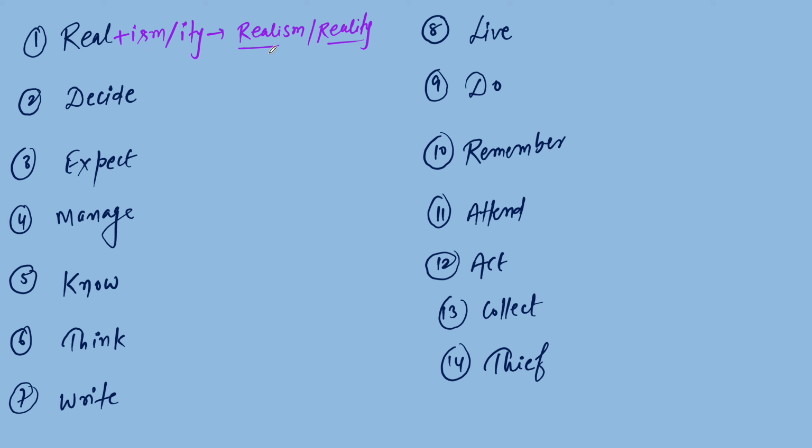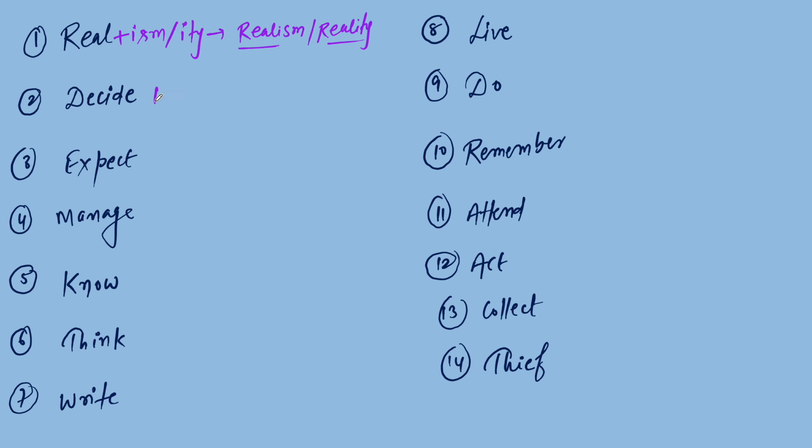Is it clear? As you were saying, realistic. Any word which ends with IC, in that case, that word will not be an abstract noun. So that's why I was not taking that example.